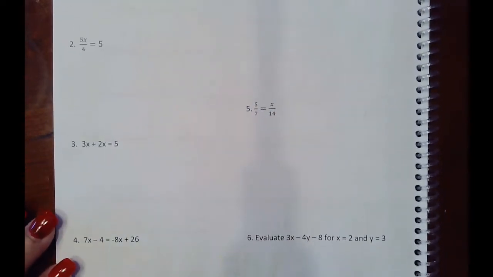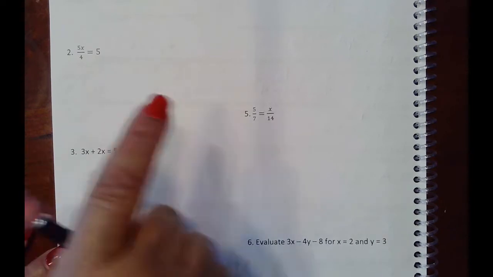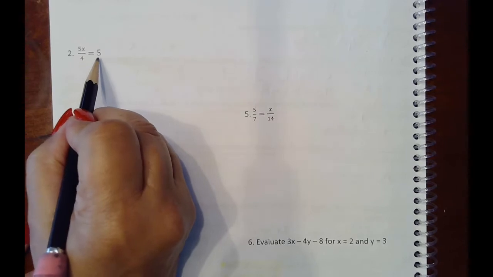Okay, and next page we have various types of examples where you're going to be solving for x. I'm going to do 2 and 5 at the same time just because they're the same type of problem. These are both proportions where you have one fraction on each side. Like I know this 5 doesn't look like a fraction, but of course it can be written as 5 over 1.